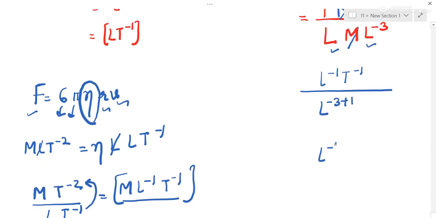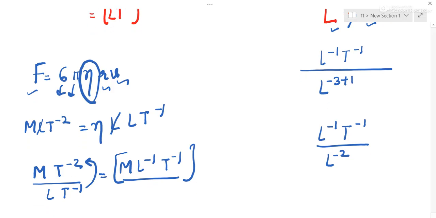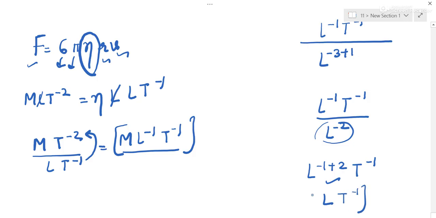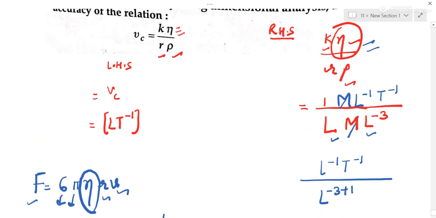So it is L to the power minus 1, T to the power minus 1, it is L^-2. So you can see this will go up. This is L, T^-1. So this is my right hand side. Now right hand side, where is the left hand side? Yes, so it is matching.